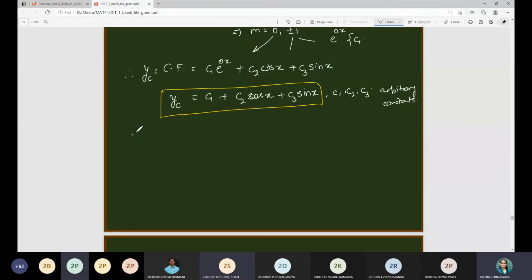Let y1 be 1, a constant function, because with c1 you have 1 as the quantity. y2 of x is cos x, and y3 of x is sin x. So what is the next step?